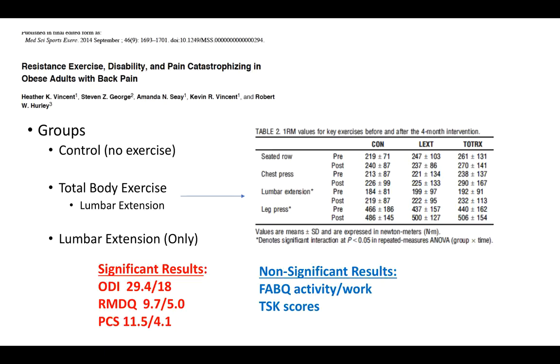And essentially, the results were significantly better for the total body exercise approach, where the Oswestry Disability Questionnaire went from 29.4 to 18, Roland Morris 9.7 to 5, and pain catastrophizing lowered from 11.5 to 4.1, where the patients who only did the lumbar extension had non-significant results related to fear and the Tampa kinesiophobia scale.